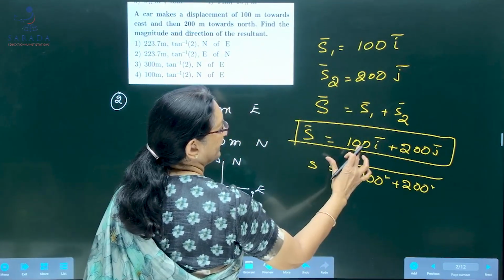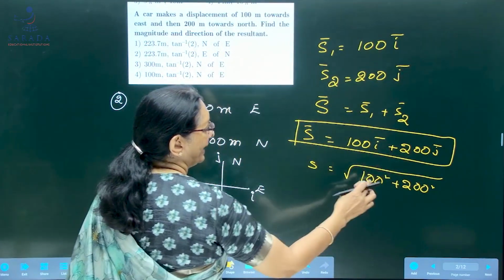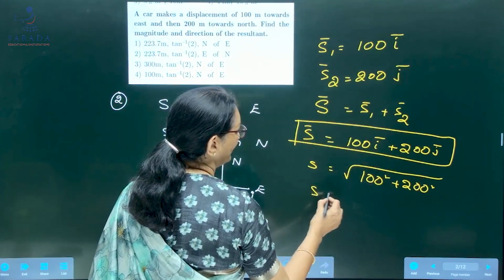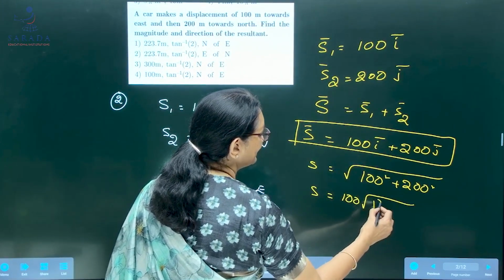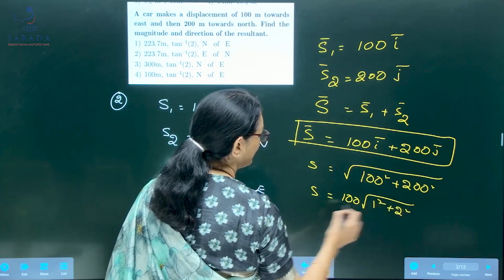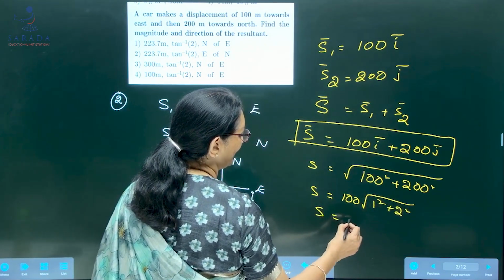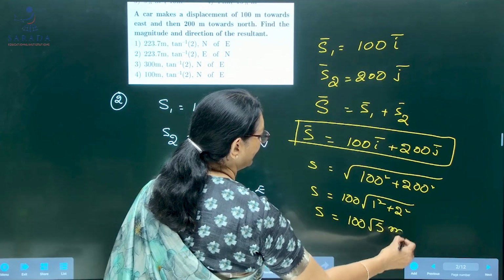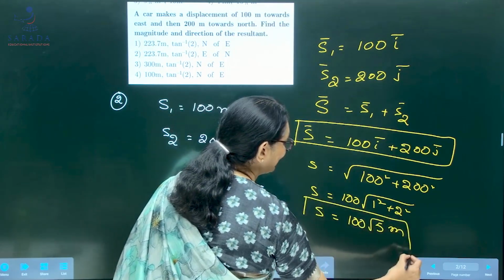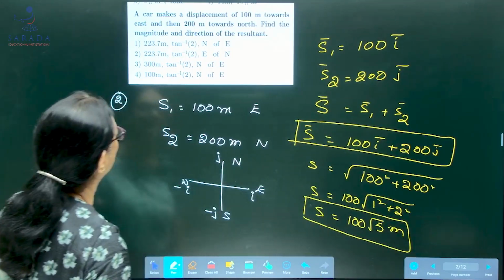Square root of ax square plus ay square. If you take that 100 as a common factor, 100 root of 1 square plus 2 square. So, the magnitude of the displacement is 100 root 5 meters.